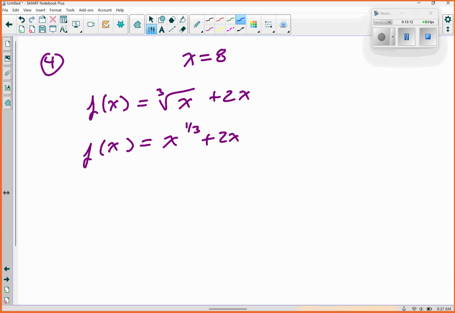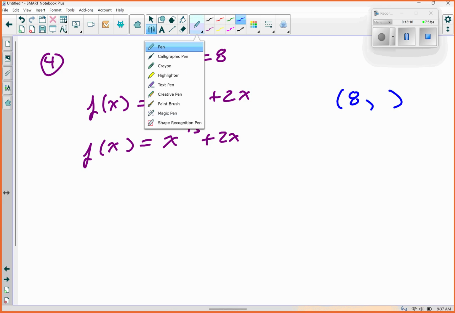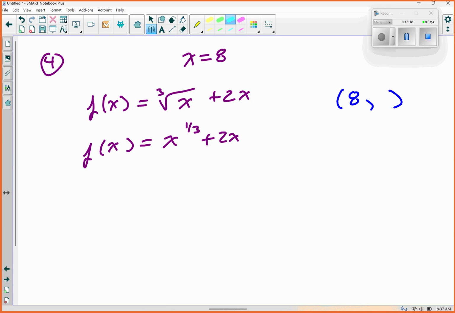And then we want to find our y value. I'm going to take this 8, and I'm going to plug it in here and here. So I'm going to get third root of 8 plus 2 times 8.